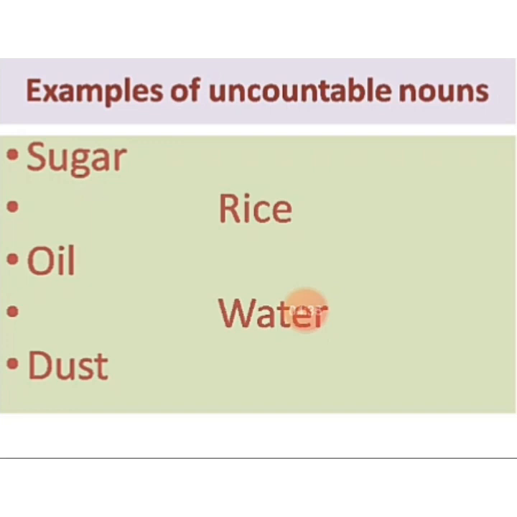You can only count it when it is measured or when it is put in a container. Therefore, oil is an uncountable noun. Water is also an uncountable noun. Dust is also an uncountable noun. Air is an uncountable noun because you cannot count them individually.